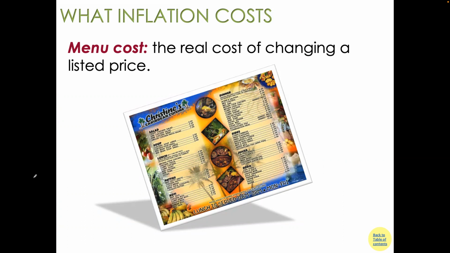Three choices: keep the price of the menu, raise the price, or decrease the price. What would you do if you were the owner of the restaurant and inflation is high? You raise the price, okay? But in order to raise the price, what do you need to do? You need to change your menu.